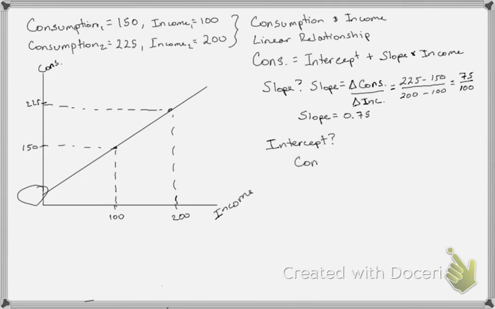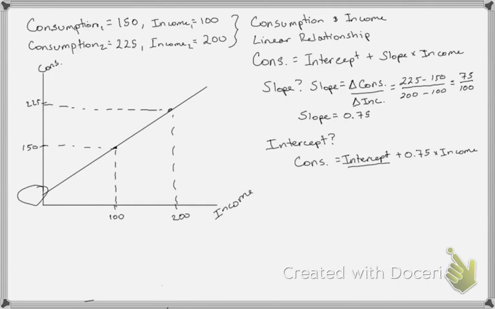We've got consumption equal to intercept plus 0.75 times income. We're trying to solve for this intercept here. Okay, so we want to solve for this intercept here. I'm going to just underline it.